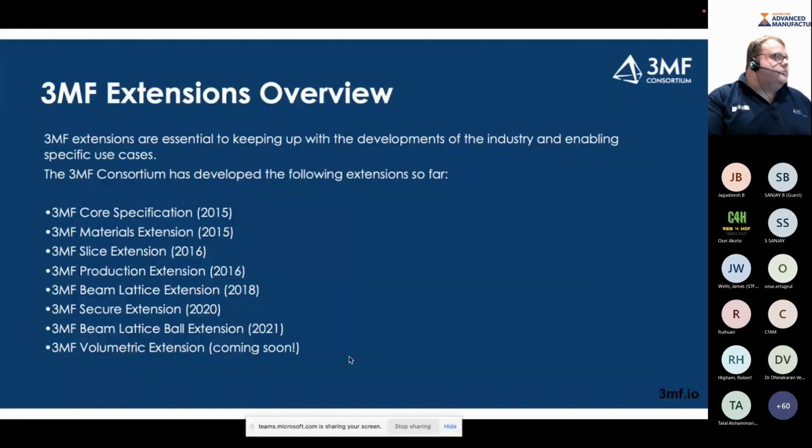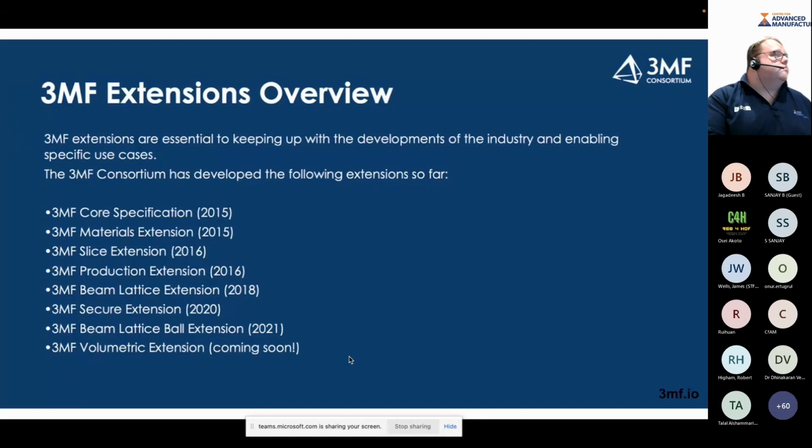Production extension is used extensively by HP for the job ticket for a part. So it's not just the geometry, it's also the machine, material, process, layer height, etc., and which machine it's going to. Beam lattice extension, as discussed, is for lattice structures, communicating that more efficiently. The secure extension is a new one that's being worked on, securing the data so it can go to a particular machine for a particular number of prints.